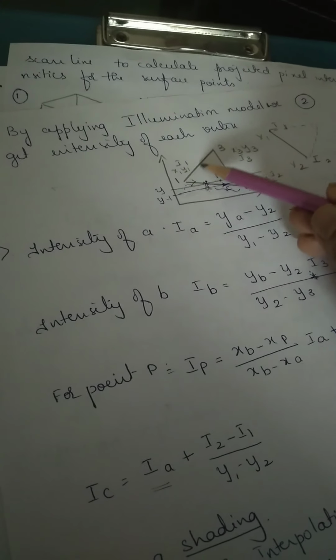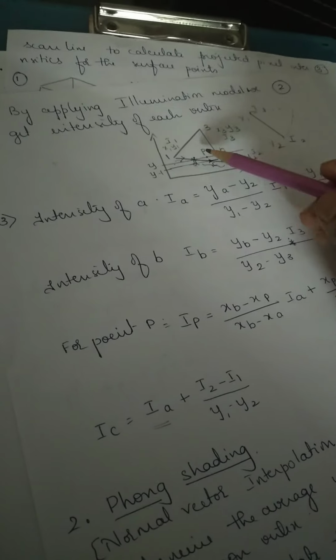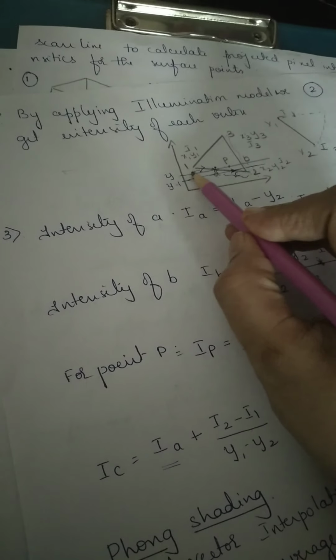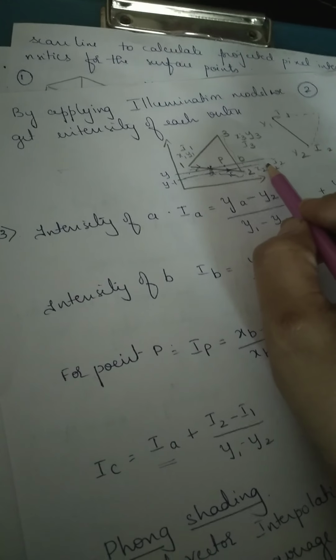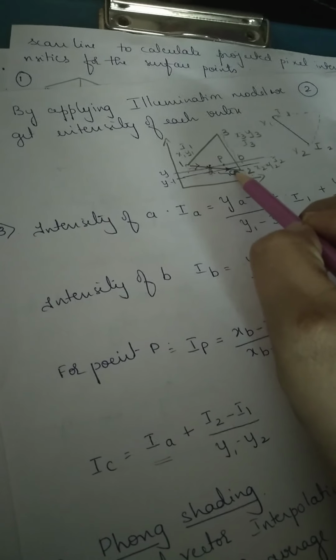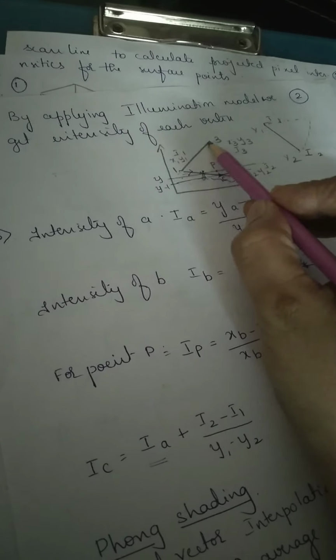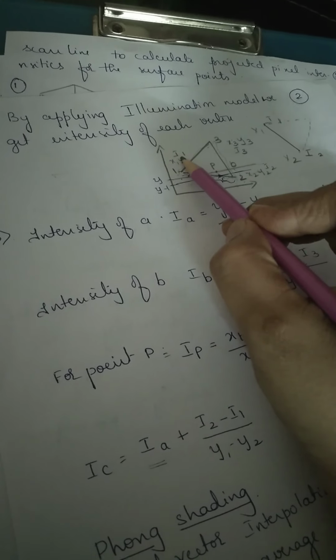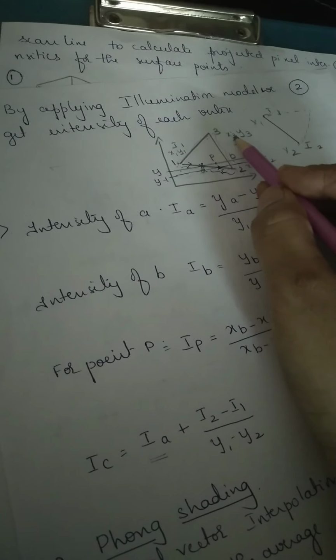Now I'll take only one surface. Right? For example, the y scan line and one more y minus 1 scan line. Okay, this is vertex 1, vertex 2, vertex 3, and the intensity of this one I'll call I1, this one I2, and this one I3.